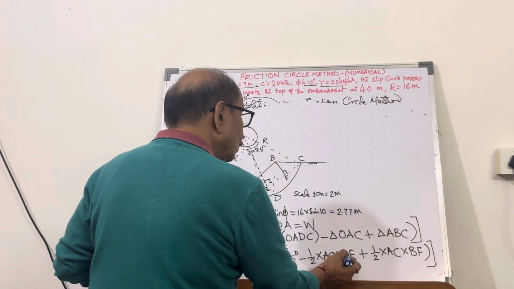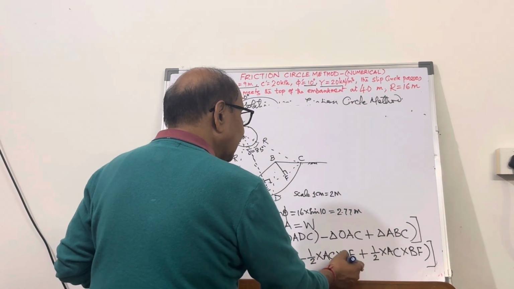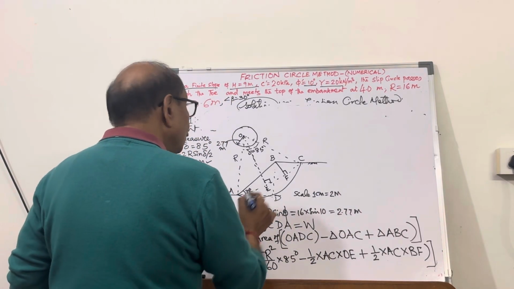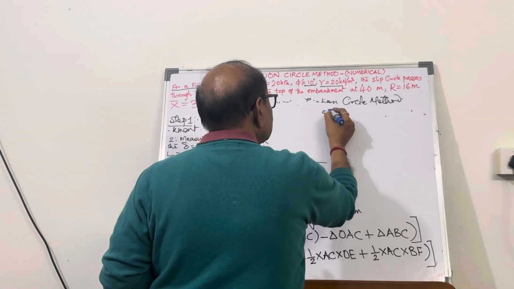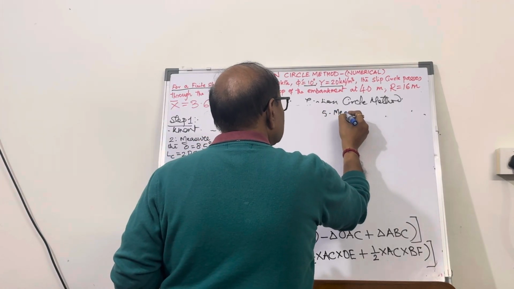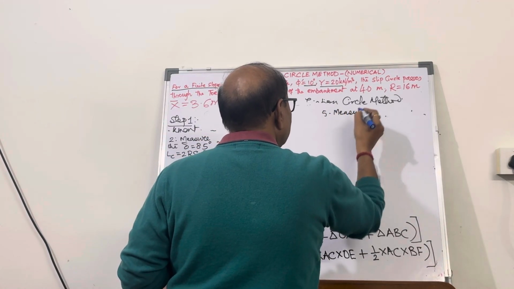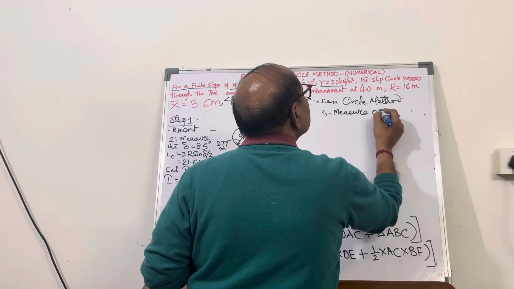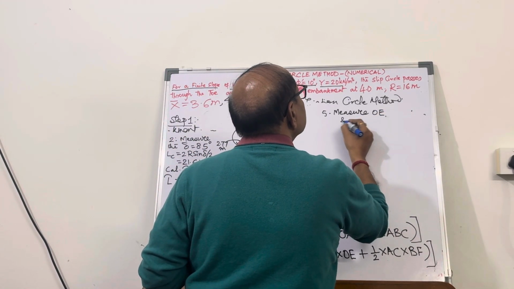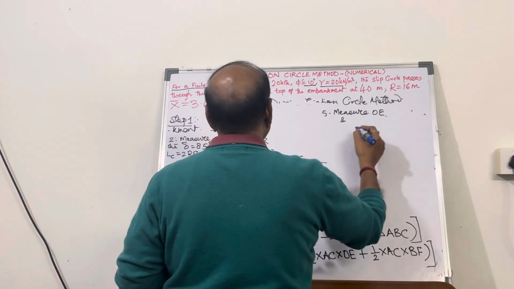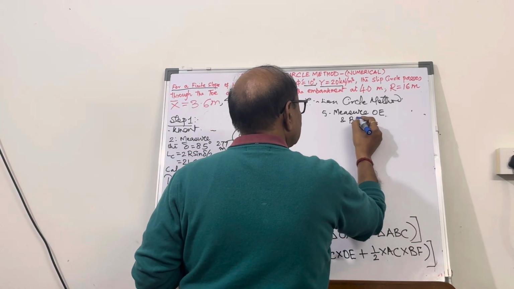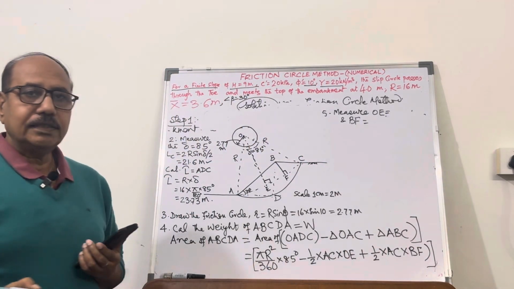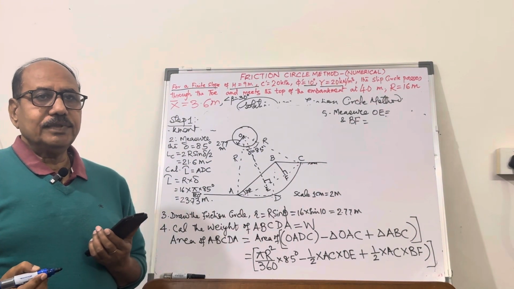Now, OE can be measured. So measure OE and BF, because you are doing it on a graph paper, and convert it into meter.